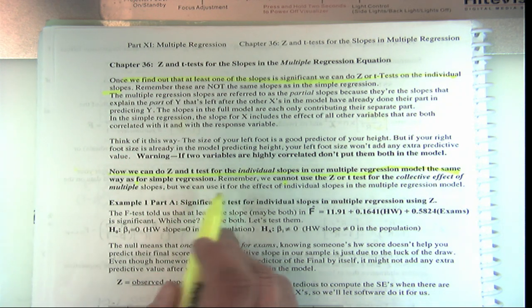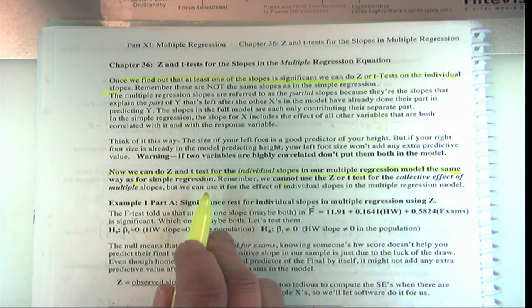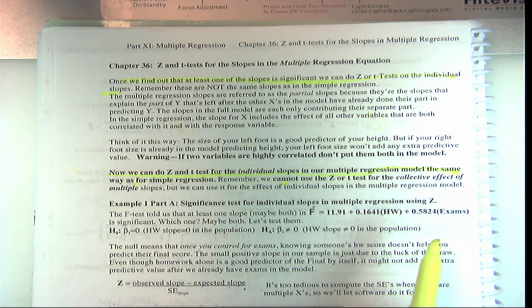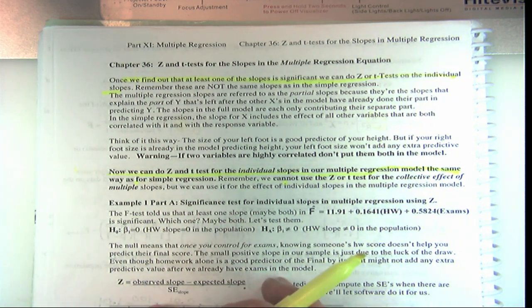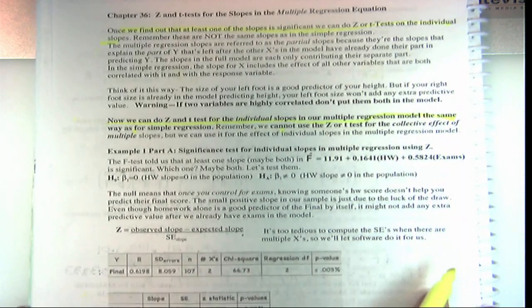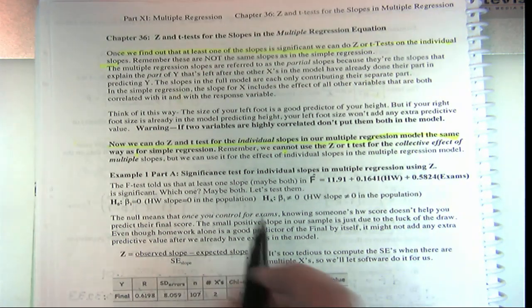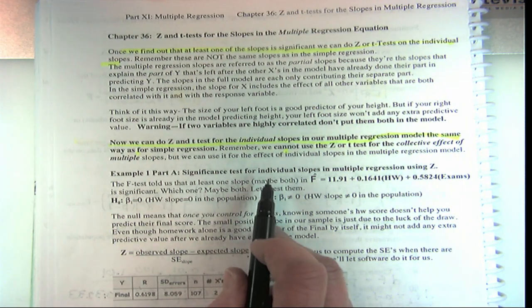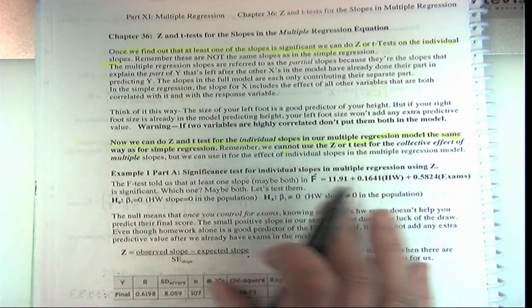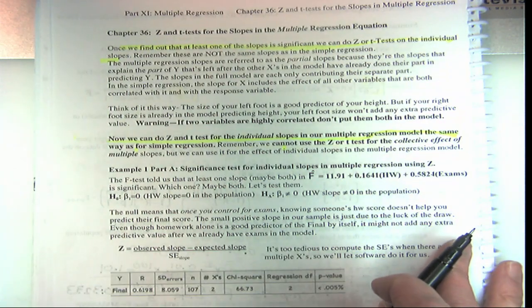So our degrees of freedom are going to be adjusted when we do a t-test. But let's first just start off with the z-test. Now we're going to do these significance tests for the individual slopes. We're going to start off using a z, and on the next page we'll use a t.